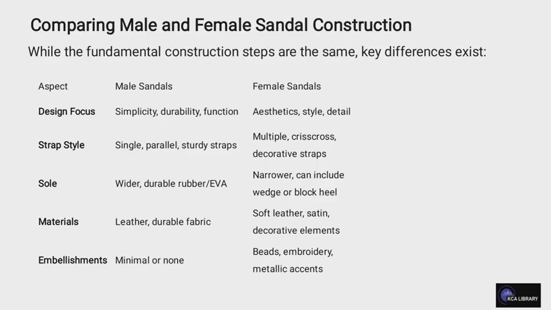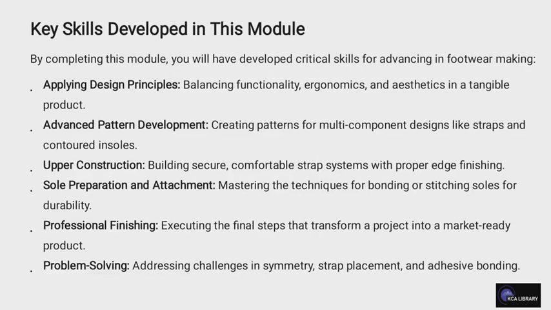For the sole, it's a wider durable rubber for male, and narrow, which can include wedge or block heel, for female. For material, for the male, it's leather and durable fabrics, while for female, it's soft leather, satin, and decorative elements. As per embellishment, it is minimal or none for male sandals, and for female sandals, beads, embroidery, and metallic accents are important.